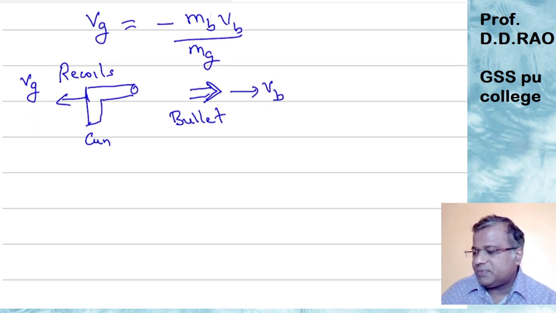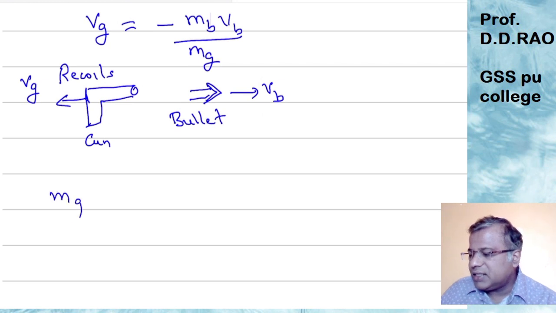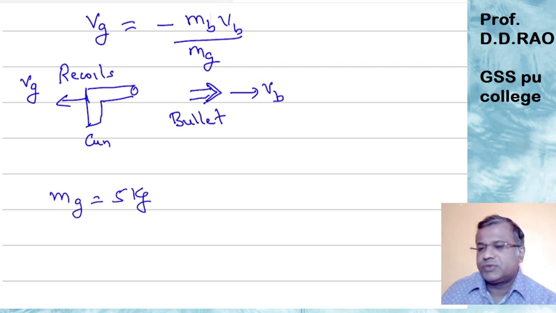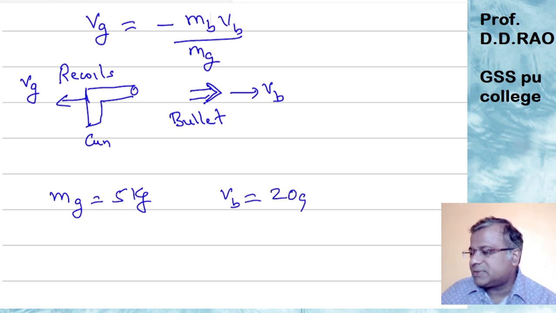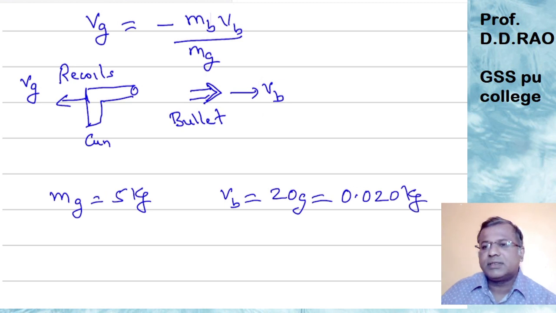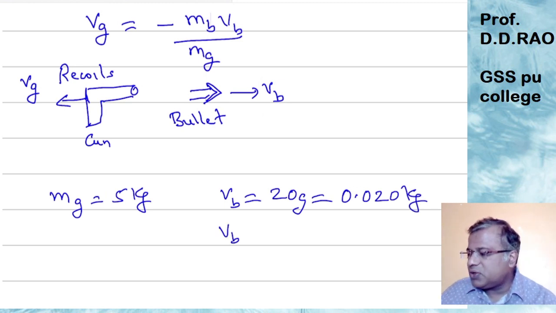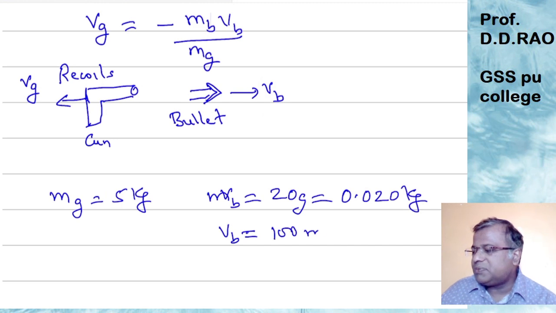Let us say, for example, the mass of the gun is 5 kgs. The bullet's mass is 20 grams, so it will be 0.020 kgs. Let us say the bullet is going with a speed of 100 meters per second.